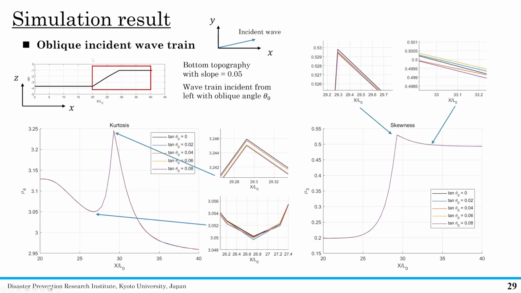First we just compare the oblique incident waves. Very interestingly, because our model has some restrictions, we can only consider a small oblique angle. This is the result of 5 groups of oblique waves with different angles, using a sample size of 1000 in the Monte Carlo simulation, and they are almost the same. I enlarged this area and this area to show you they really come from 5 different groups, but their differences are very small.